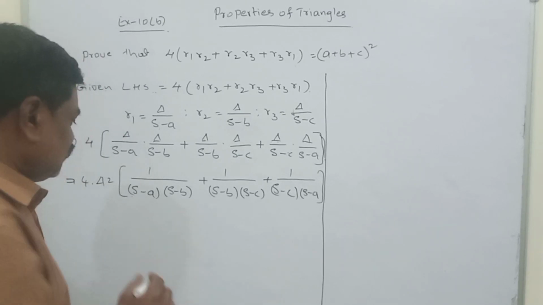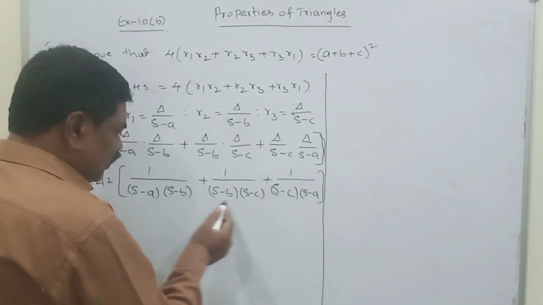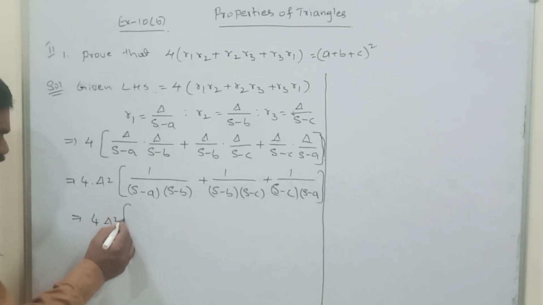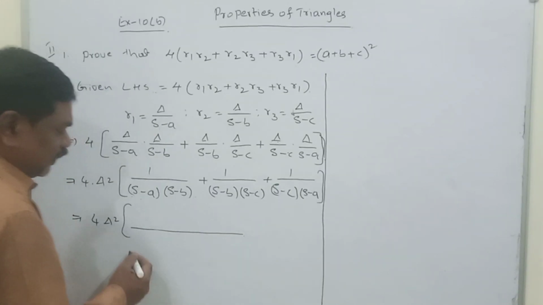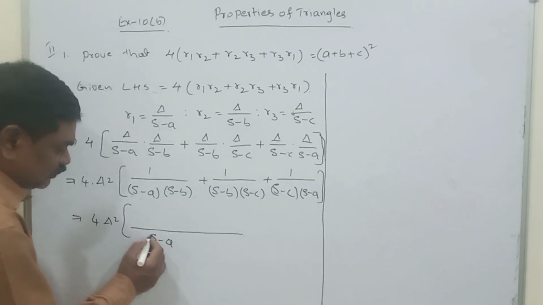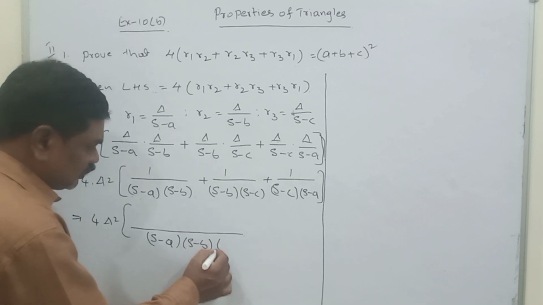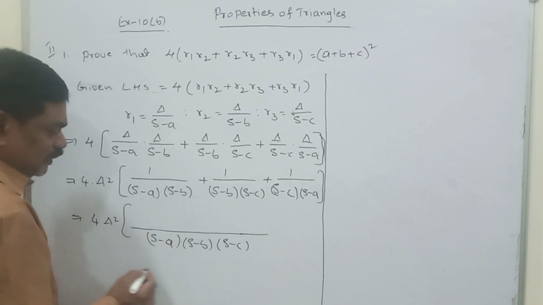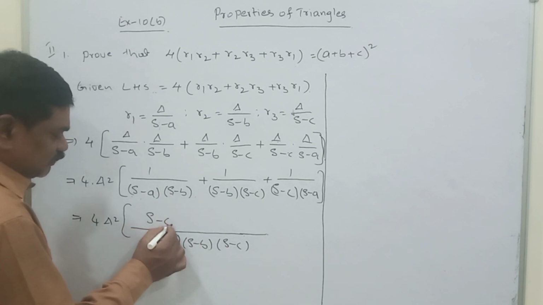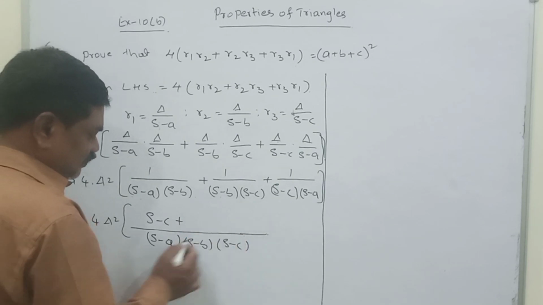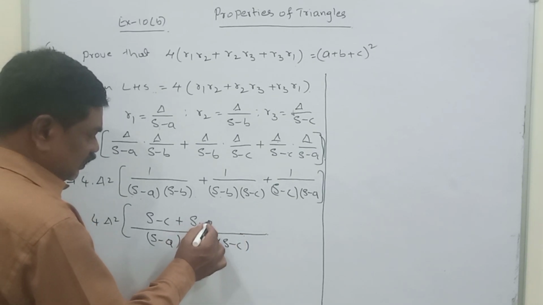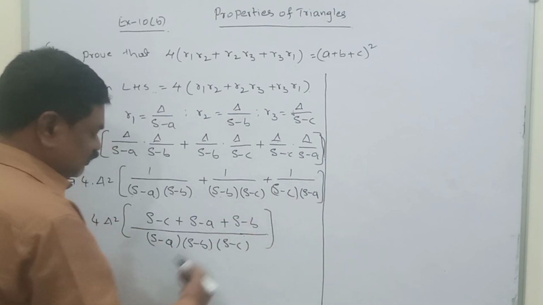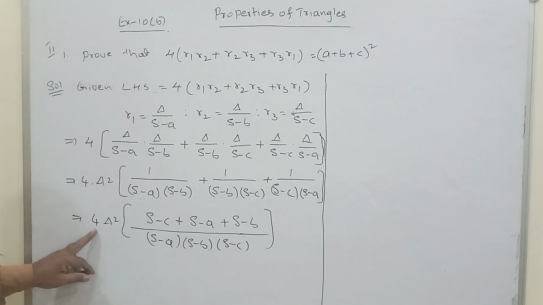You observe here, these totally have the LCM. What is LCM here? 4 into delta square, the LCM is (s minus a)(s minus b)(s minus c). Taking S minus A, S minus B, S minus C as the common denominator, the remaining terms are S minus C, S minus A, S minus B. Then what we have to write here?